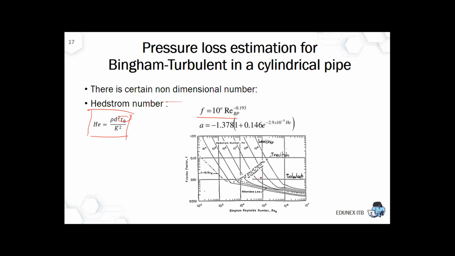Unlike the Newtonian, for the Bingham the graph is going to be like this. For the Bingham, you always measure Reynolds first, then you measure the Fanning, but the Fanning cannot be measured directly. You must also measure the Hedstrom number. Then you go back here and use the Bernoulli.